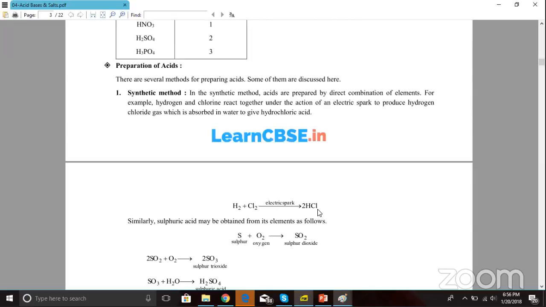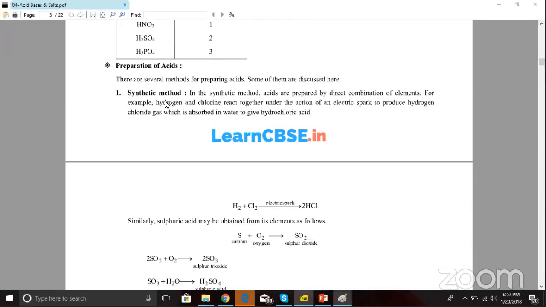It will produce HCl gas. Once the gas is coming outside from the reaction, immediately we have to dissolve it in water and it will produce hydrochloric acid.